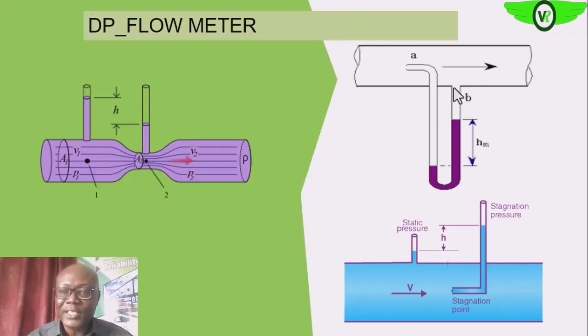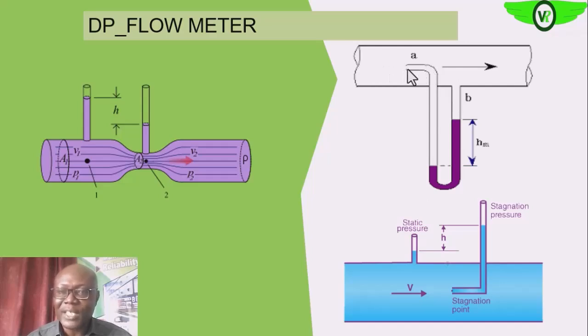You'll see that this helps us to measure the static pressure, which is this end of the differential pressure meter. Here helps us to measure the static pressure, and then here we'll be looking at the dynamic pressure.